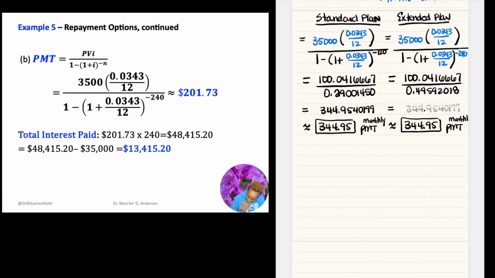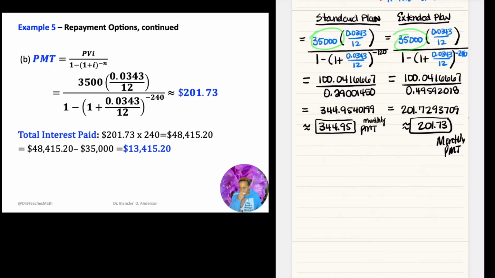And when you do the division, you get 201.7293709, which is approximately 201.73. Yep, I will correct that. So make sure in your notes you have the 35,000, not what's on the PowerPoint, okay?